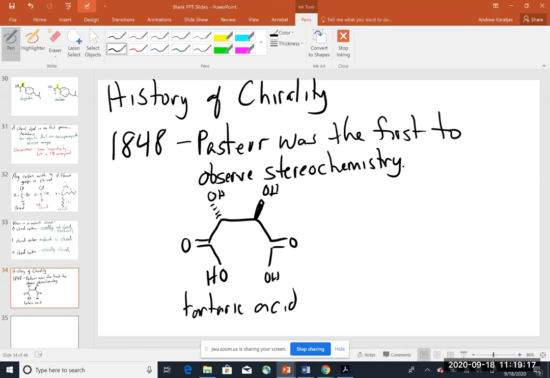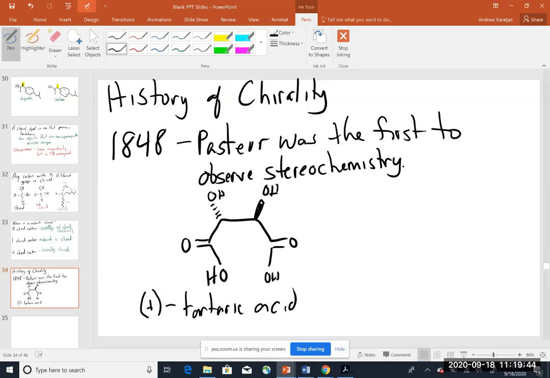What Pasteur did was when he placed each of these compounds into the polarimeter, both of these compounds rotated the light, both the one he got from the winemaking as well as the one that he got from the lab. The surprising result was one of them rotated the light clockwise. That was the one from the winemaking.